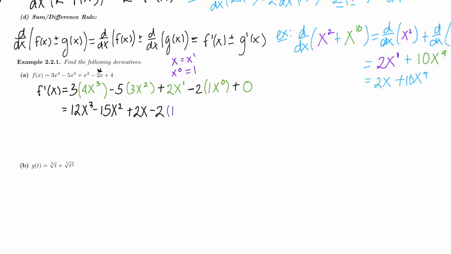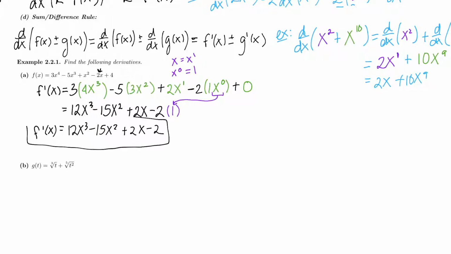So really it's just 2 times 1 is 2, and then x to the 0 is just 1, and then plus 0, that's plus nothing. So final product, 12x cubed minus 15x squared plus 2x minus 2 is our final answer for the derivative of 3x to the fourth minus 5x cubed plus x squared minus 2x plus 4.